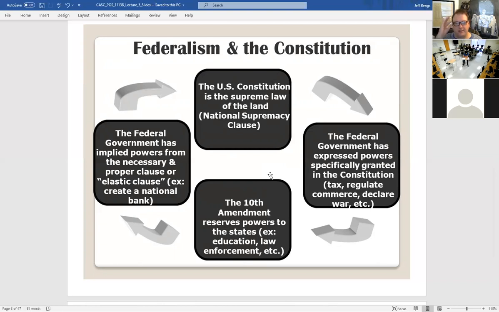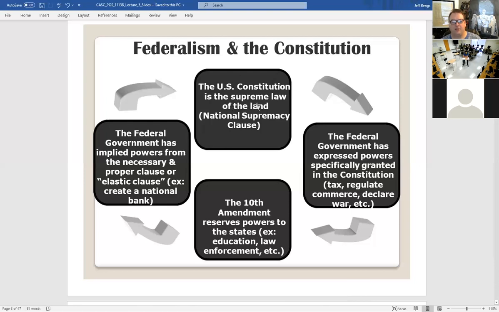So with federalism and with our Constitution, we do have a division of powers, and we have already touched upon this, but we're going to go more in depth starting on Monday.